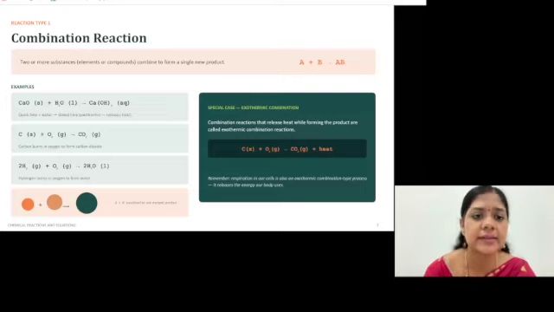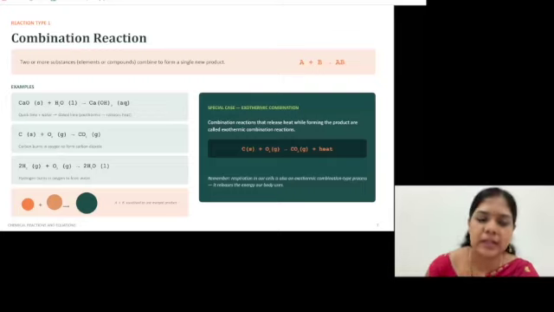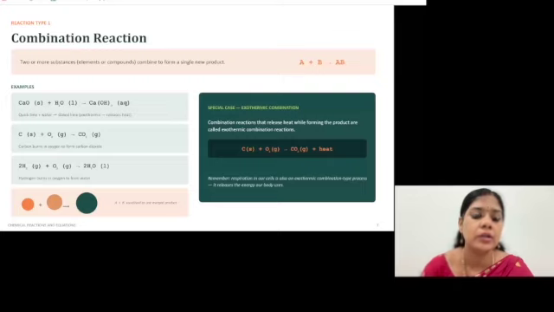So these are the examples for combination reactions. You can see that two chemical compounds are combining together to form new compound. Okay, you should understand the properties of the reactants are different from the chemical properties of products.